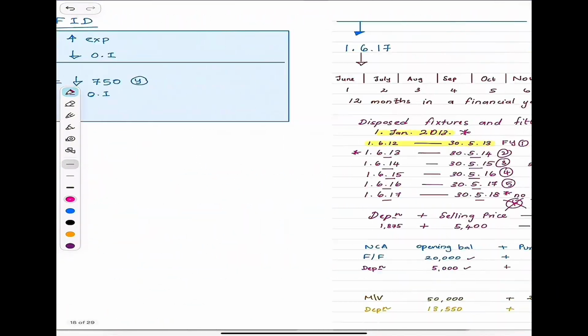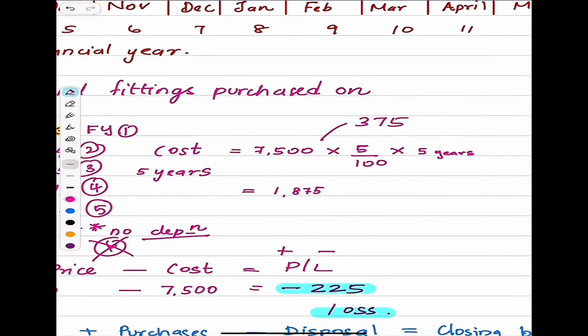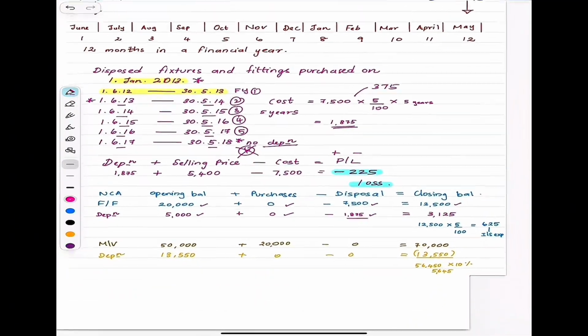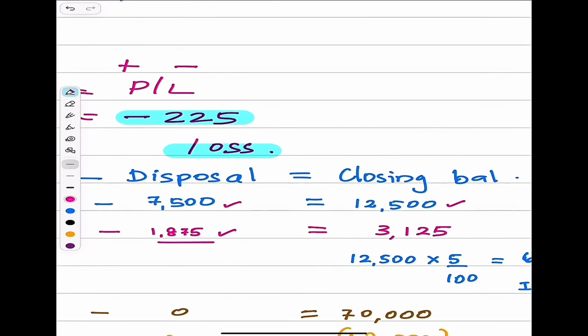So we're going to use that to the formula. So cost 7,500 was the disposal cost, 5% of depreciation, and for 5 years if you calculate, it should give an answer of 1,875.